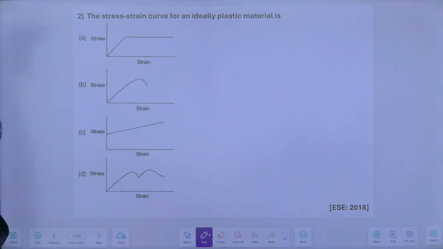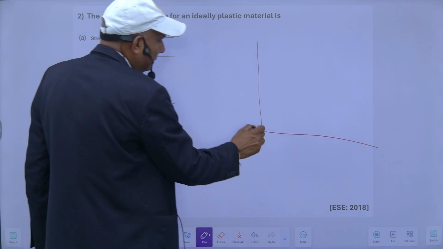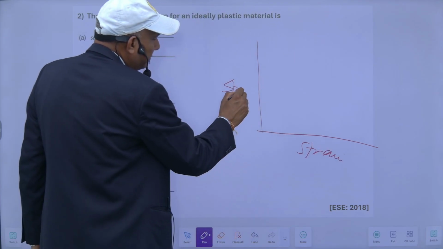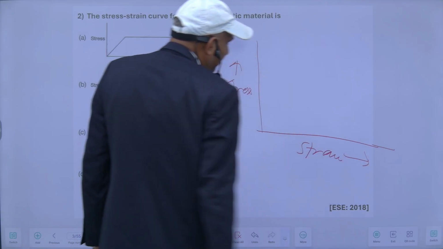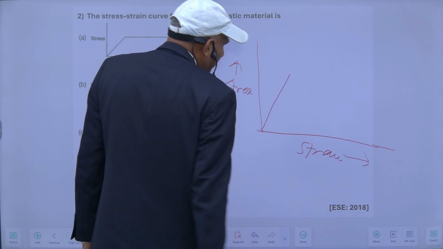Second, the stress strain curve for an ideal plastic material is this one. In this case, initially this is strain and this is stress. As you increase the stress, the strain will also increase, up to the yield point.